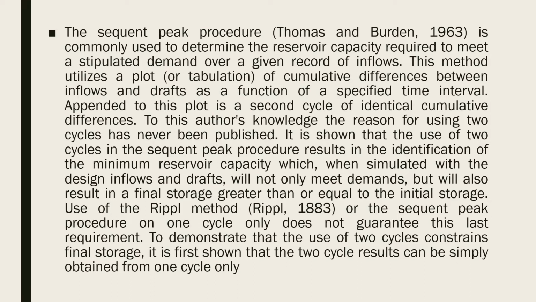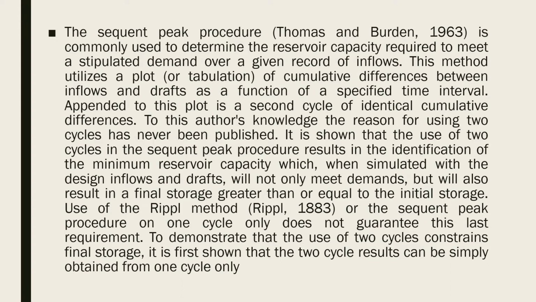It is shown that the use of two cycles in the sequent peak procedure results in the identification of the minimum reservoir capacity, which, when simulated with the design inflows and drafts, will not only meet demands but will also result in a final storage greater than or equal to the initial storage.